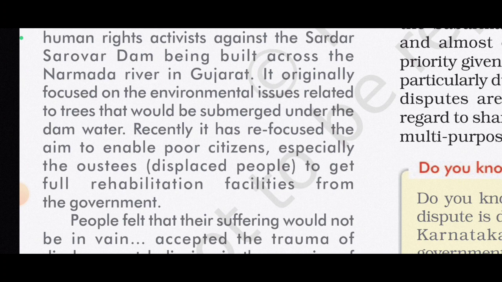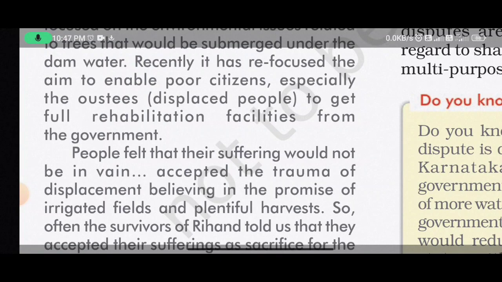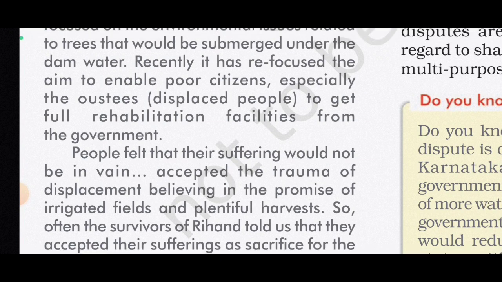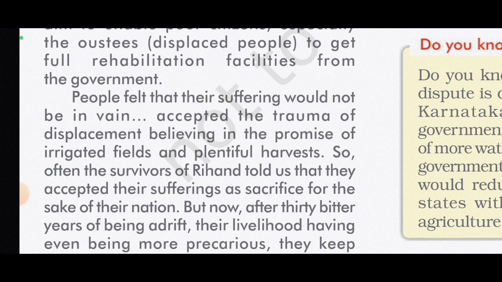It originally focused on the environmental issues related to trees that would be submerged under the dam water. Recently, it has refocused the aim to enable poor citizens, especially the oustees, that means displaced people, to get full rehabilitation facilities from the government.